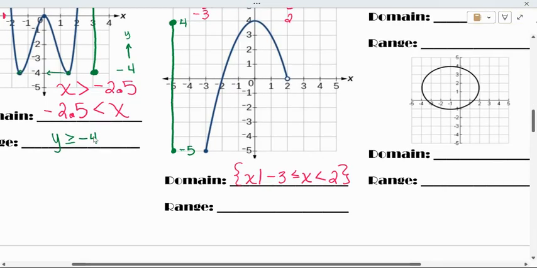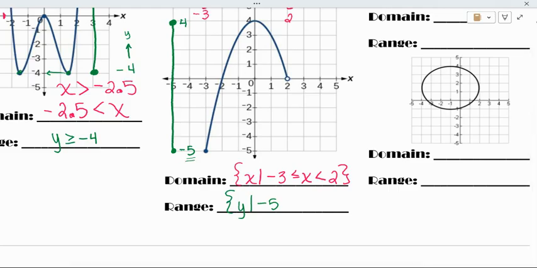How do I write that as an inequality? 2 closed circles. Well, y such that, who's going to write this inequality for me? Ariana, give it a try. What's the smallest number? Negative 5. Okay. And I have a closed circle, so that means I use what? Less than or equal to. Yes, ma'am. Less than or equal to y. And then up at the top, I have another closed circle. So that means it's also less than or equal to 4.